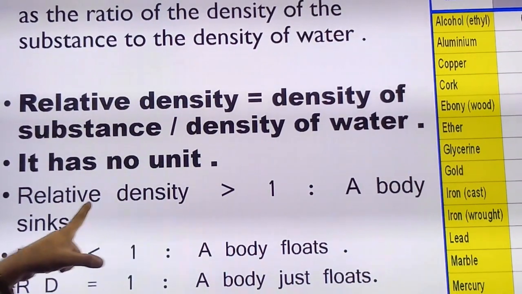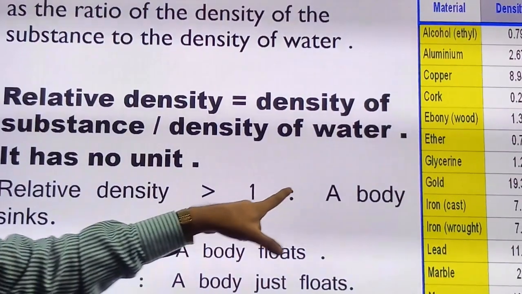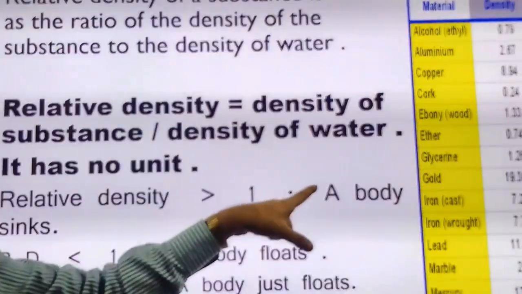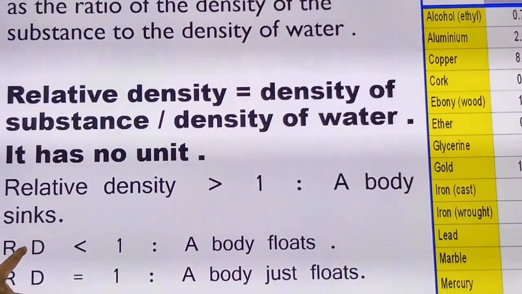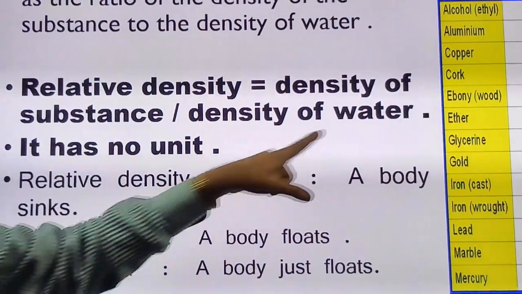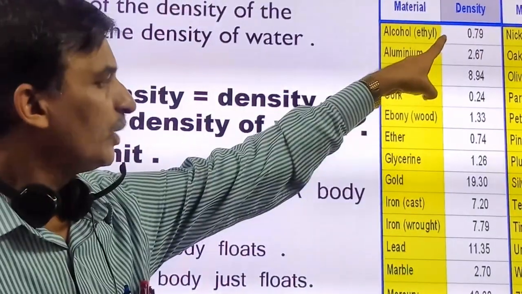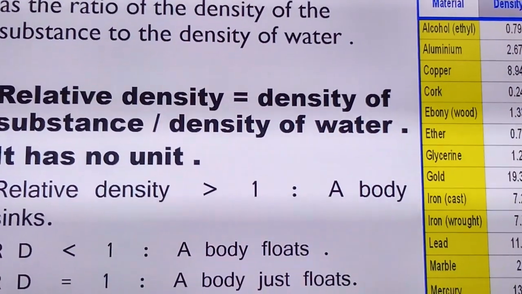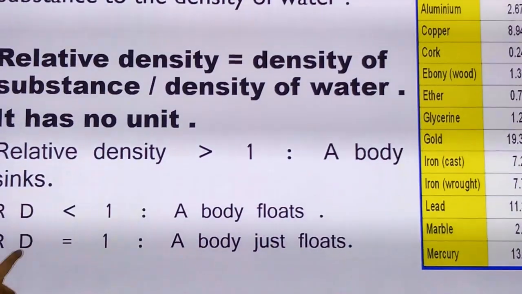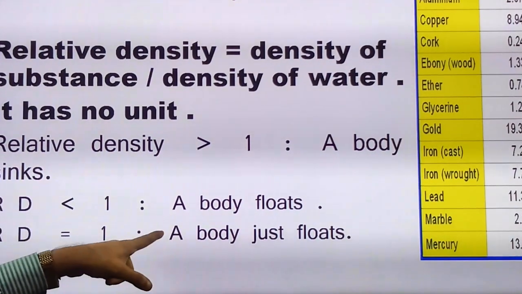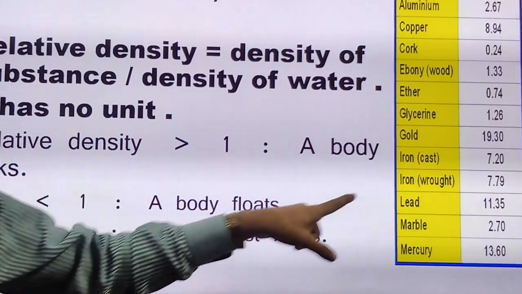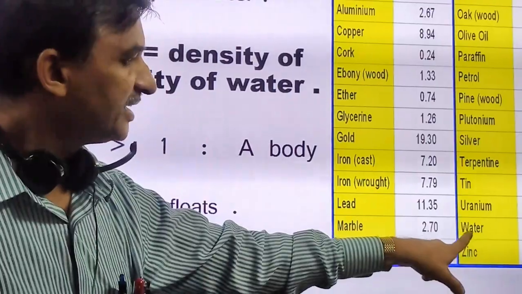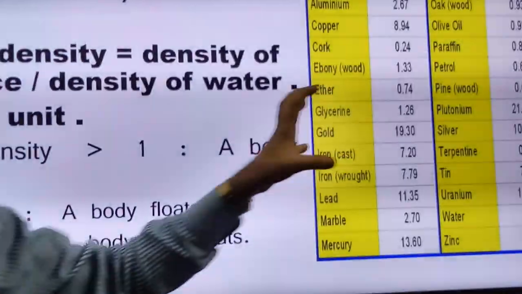A substance which has relative density more than 1 will sink. If the relative density is less than 1, like cork or alcohol, then the substance will float over water. And if the relative density is just equal to 1, then the body just floats like water. Water has relative density 1.